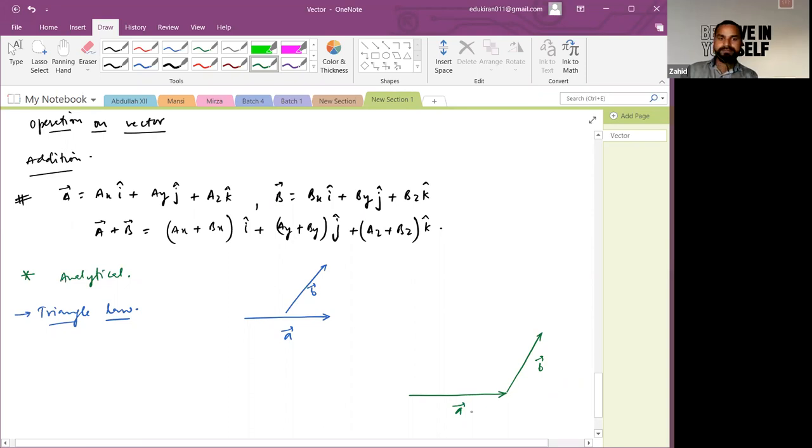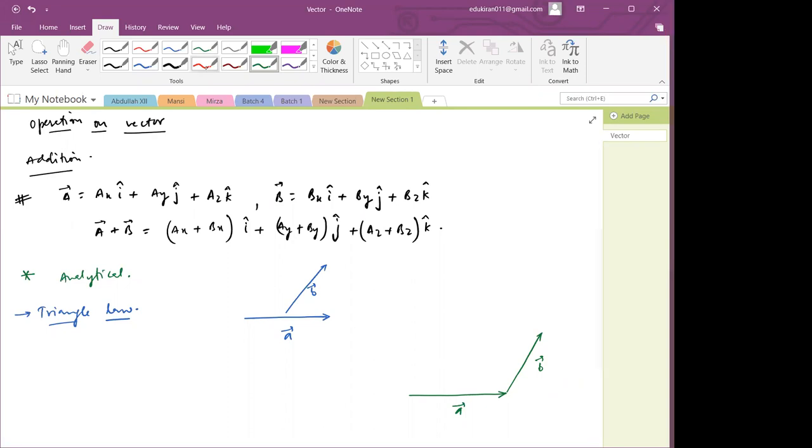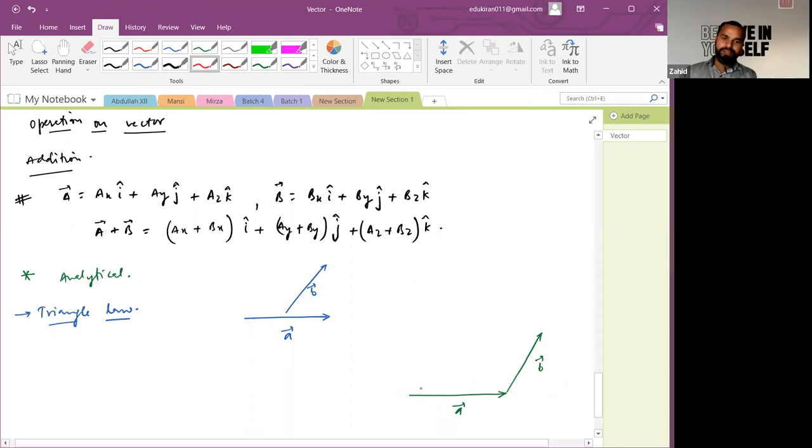Is it clear? Yes, sir. So the resultant of these two will join from the tail of the first vector to the head of the final vector, like this.